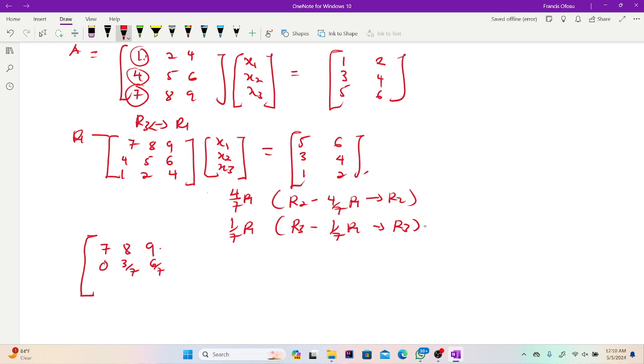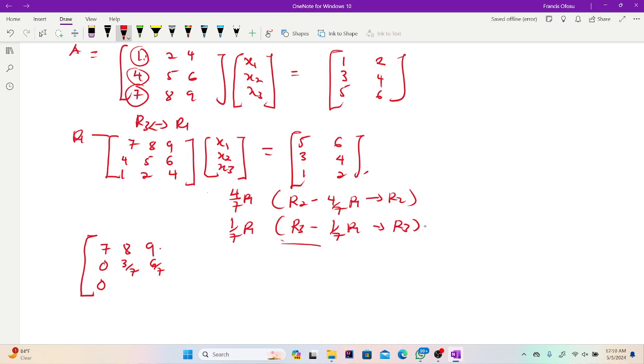Then for the final row, I'm having 1. So I'm going to use this row operation: 1 minus 1 on 7 times my R1, which is what? 7, right? So times 7. And that will also give me 0 for this side. Then 2, I'll have 2 minus 1 on 7 multiplying what? 8, right?